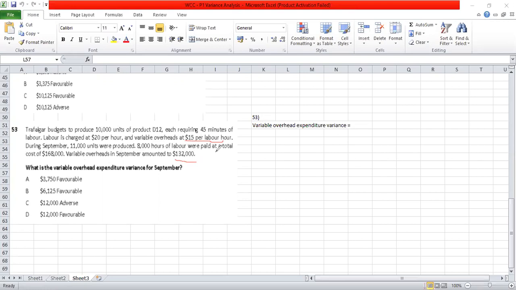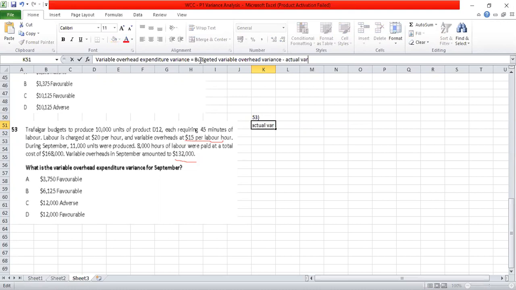Expenditure variance. So, variable overhead expenditure variance is equal to budgeted variable overhead minus actual variable overhead expenditure.